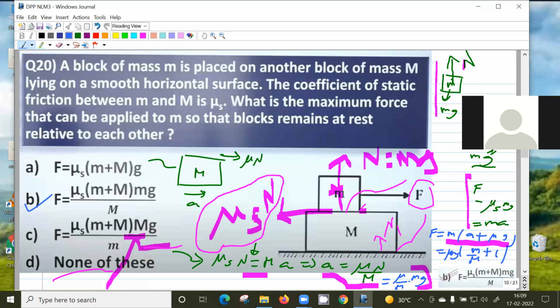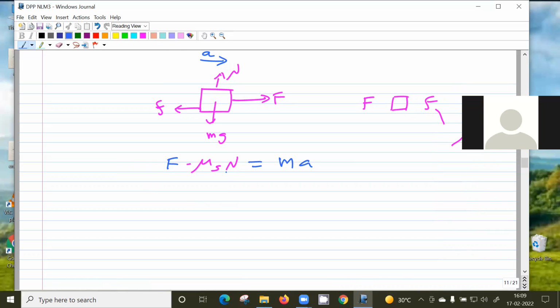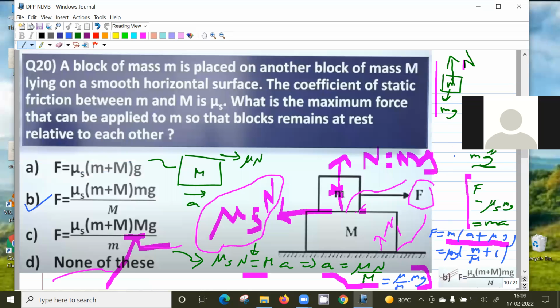Since there is no slipping, I can draw the free body diagram. While drawing the free body diagram of this capital M, I'm just considering the horizontal motion. The force in this forward direction is the friction force, because this will accelerate in this direction. So there is no other force acting on capital M.